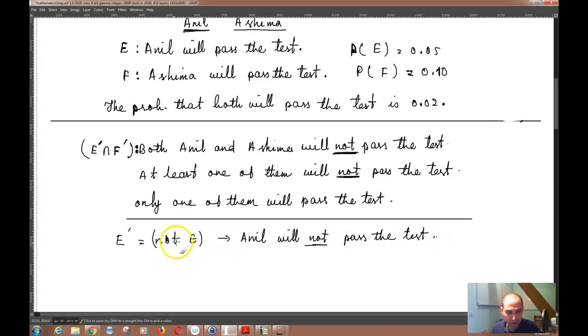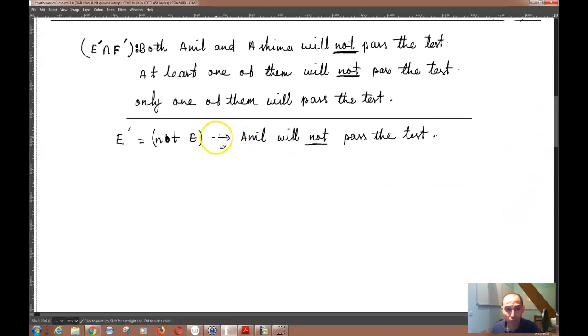And of course this not doesn't necessarily have anything directly to do with the not in the sentence. It's based on what happens in the set. We said that you have some sample space related to some experiment, and you have some event A related to the same experiment.